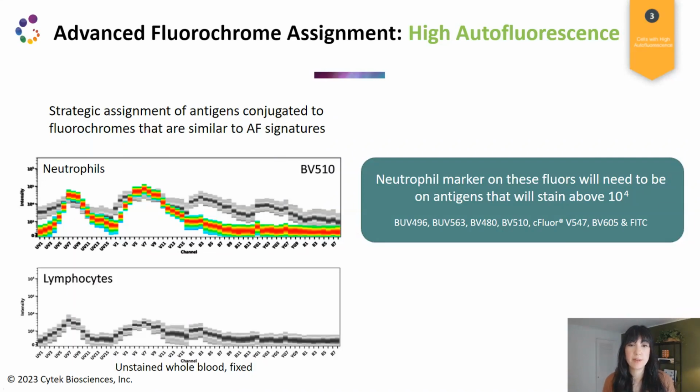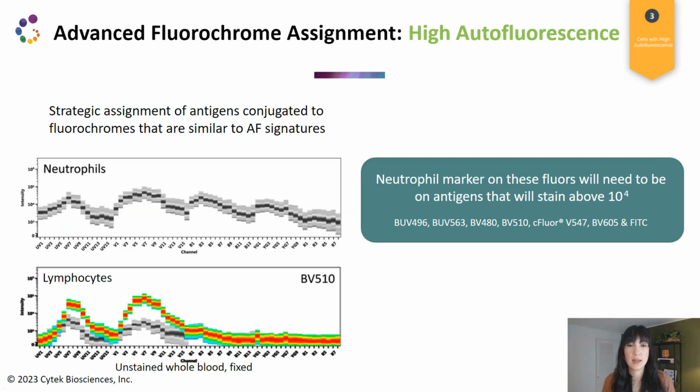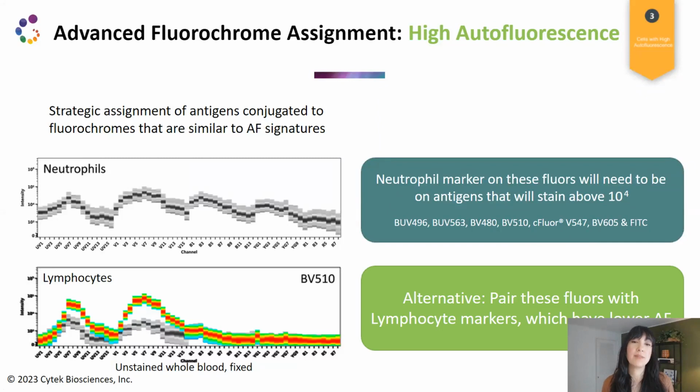However, if we put BV510 on the lymphocytes, you can see that because the lymphocyte autofluorescence is lower, it's a little easier to separate the BV510 positives from the lymphocyte autofluorescent background. So a different strategy you could use, if you happen to have a tissue like whole blood that has both neutrophils and lymphocytes in it, is to strategically pair the problematic fluorochromes like BV510 with a lymphocyte marker, because lymphocytes have lower autofluorescence compared to the neutrophils.